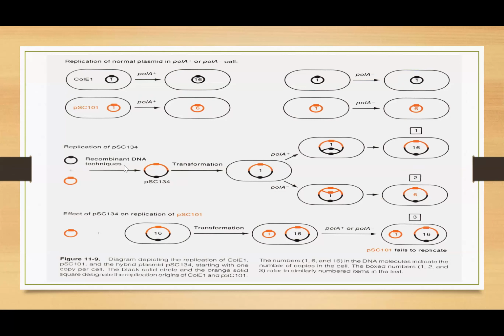Now, what was done here is that these two plasmids were fused to get another recombinant plasmid that was named pSC134. This recombinant plasmid has two DNA replication origins, one called E1 and another coming from pSC101.